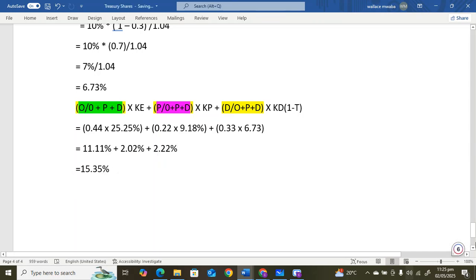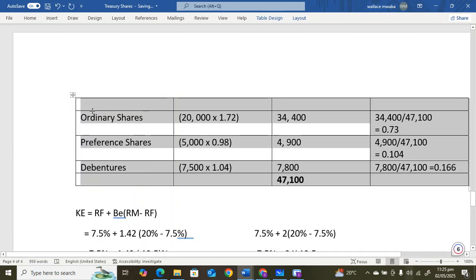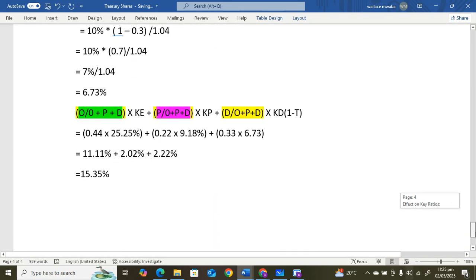And then with market values, we can get our weighted average cost of capital.